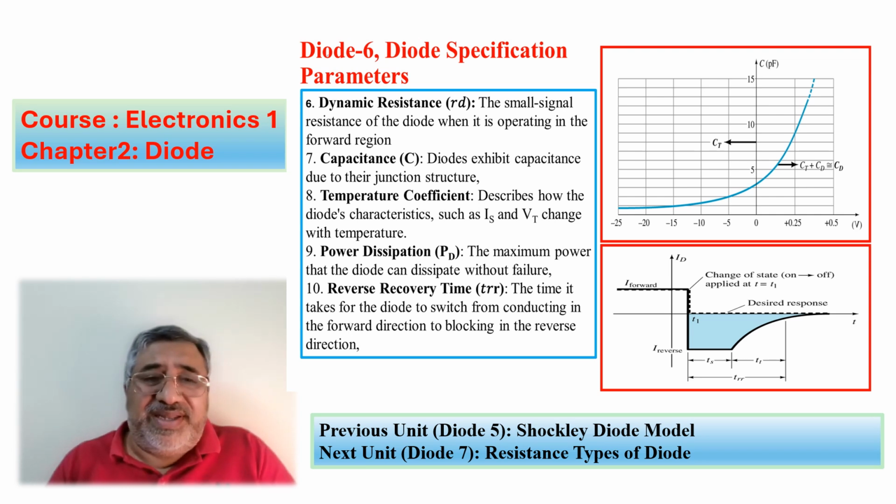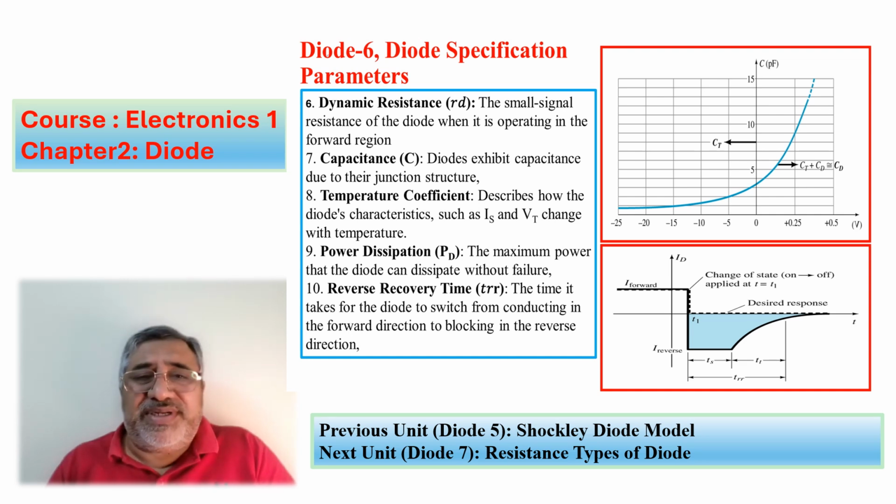Similarly, when the diode is in forward bias, the storage capacitance or diffusion capacitance exists as the diode voltage increases. Both capacitances are shown in the graph very clearly.